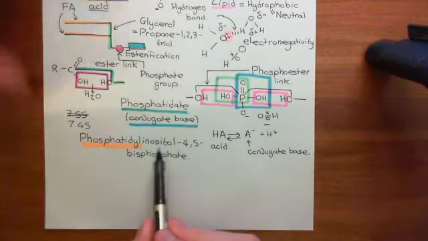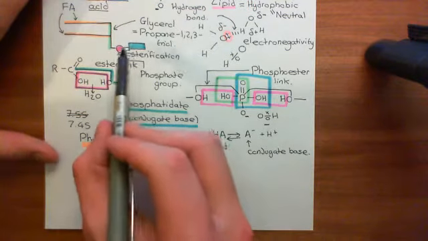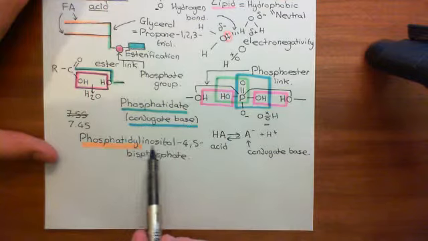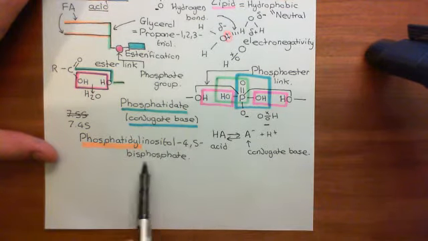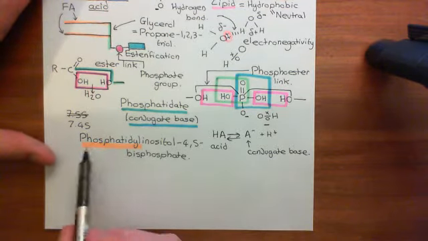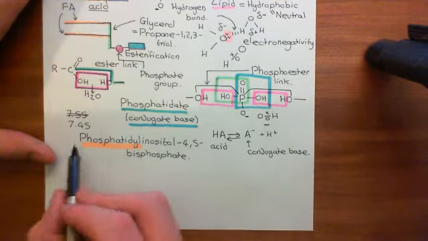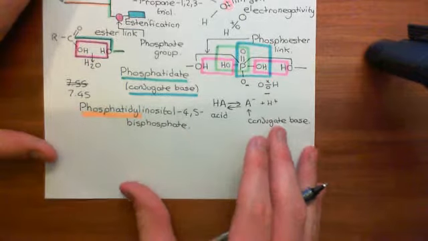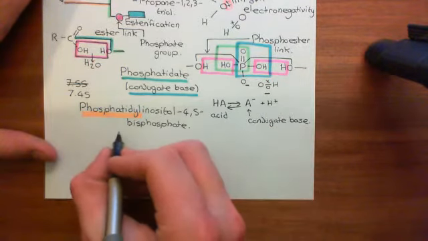The next portion tells you what you've added onto the other side of the phosphate group of the phosphatidic acid molecule. So in this case, we've added inositol 4,5-bisphosphate. All of the phosphoglycerolipids have this first prefix, which is phosphatidyl.